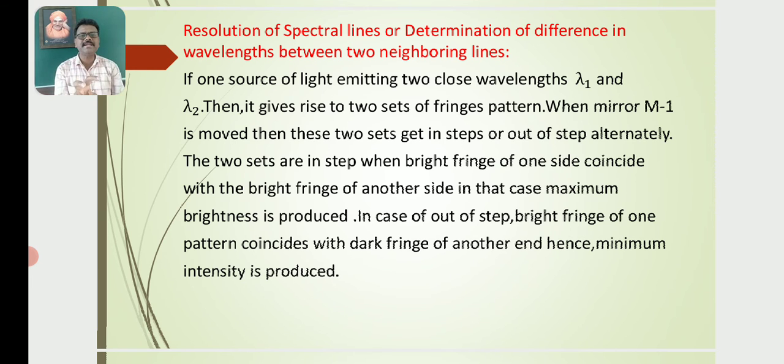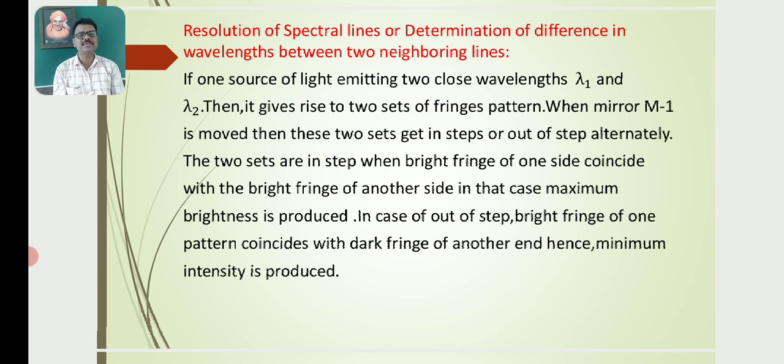The two sets are in step when a bright fringe of one set coincides with the bright fringe of the other set. In that case, maximum brightness is produced. In case of out of step, the bright fringe of one pattern coincides with the dark fringe of the other, hence we get minimum intensity.